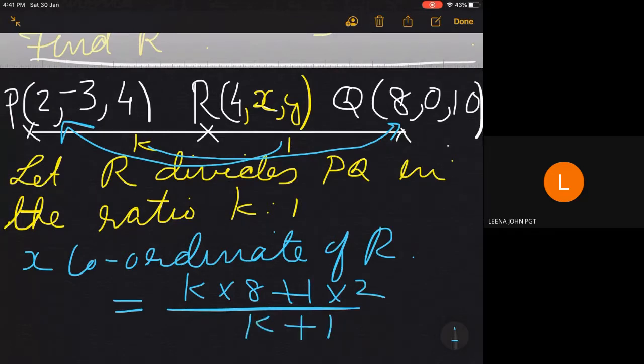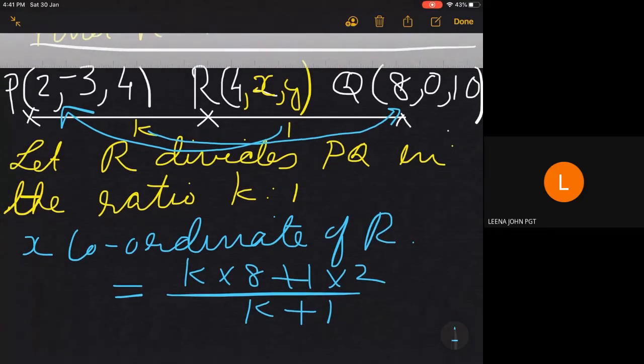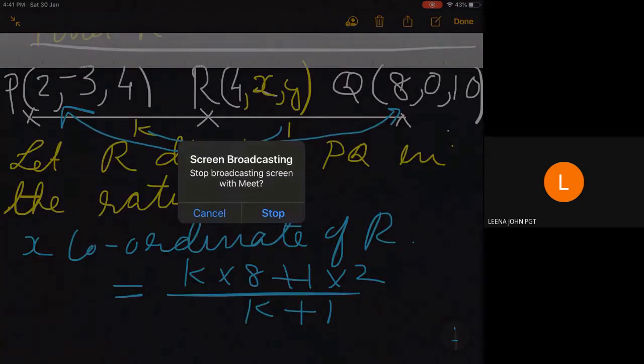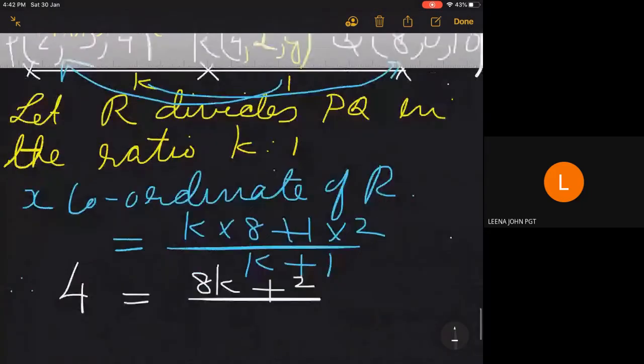As per the question, the x coordinate of R is given as 4. So 4 equals (8k plus 2) divided by (k plus 1).